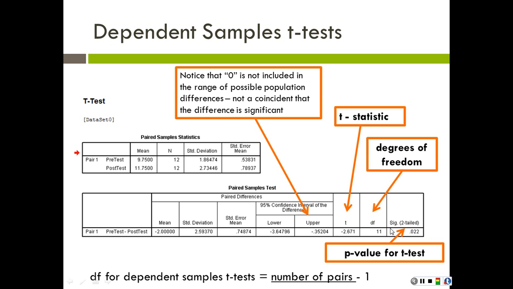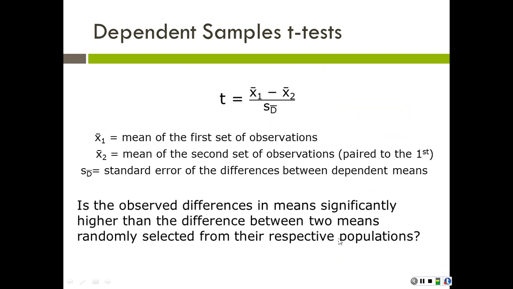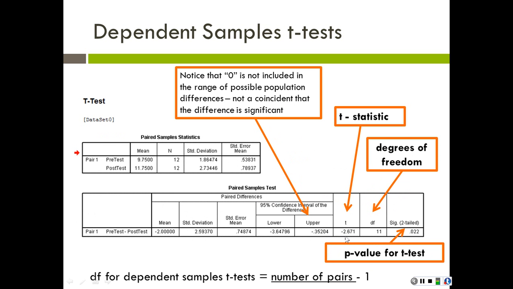So you can look right over here. Here is where all the information you want to see is. Here's your t-value, calculated using this formula. It's a negative 2.671, and that's a pretty high t-value. Here are your degrees of freedom, which are also calculated slightly differently.